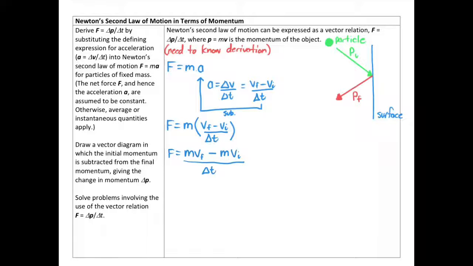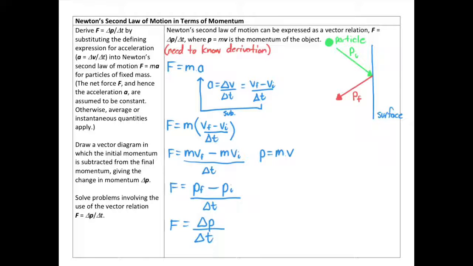Now, from the earlier introduction to momentum video, hopefully you remember that momentum is given by mass times velocity. So by simplifying this, we can say force is equal to the final momentum minus the initial momentum divided by the change in time, or force is equal to the change in momentum, Pf minus Pi, divided by the change in time. So we've derived this expression here, down here.